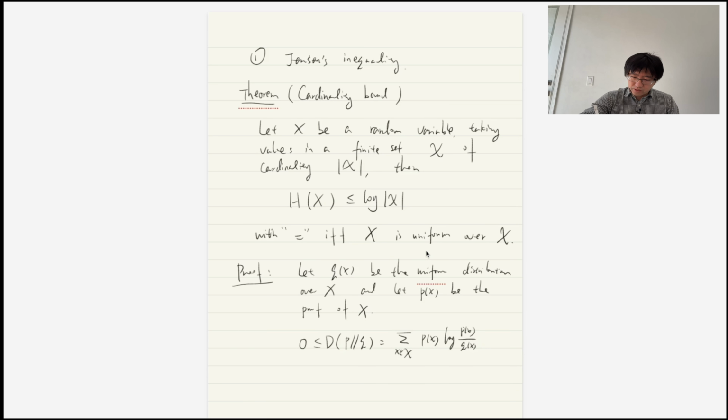We know Q(x) is uniform, so Q(x) equals 1 over the cardinality of the set X. Then this equals the sum of P(x) log P(x), minus the sum over x in X of P(x) log of 1 over the cardinality. Now the 1 over the cardinality is in the denominator, so it goes up.